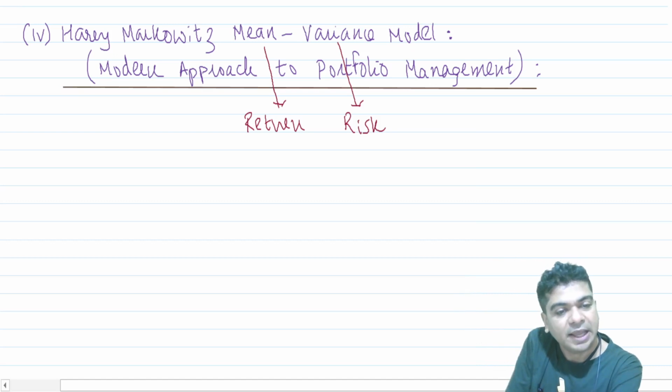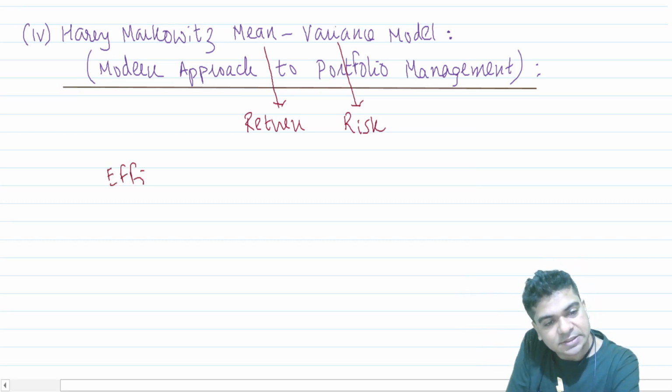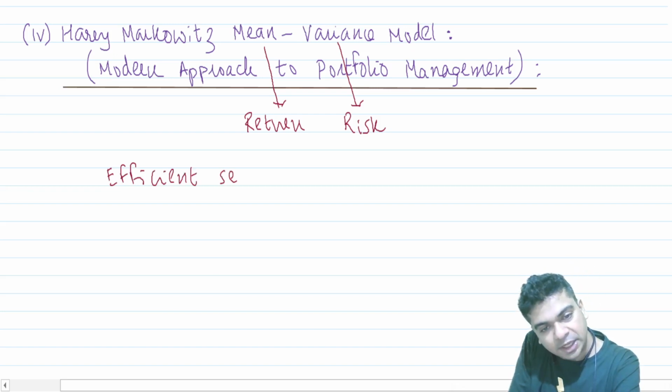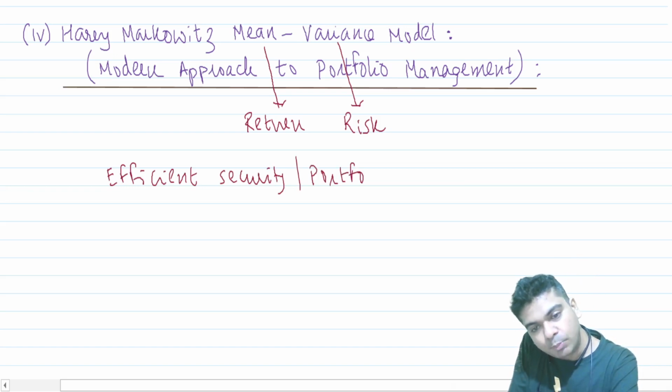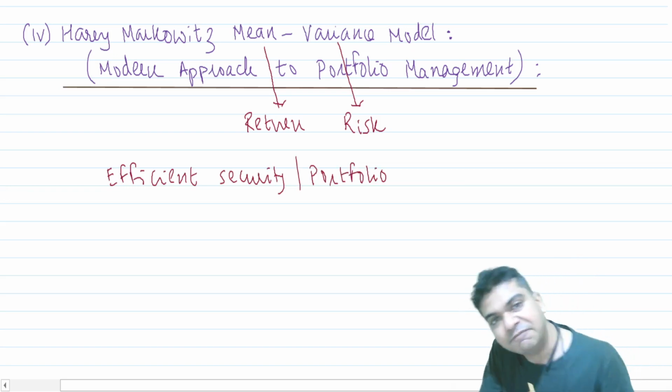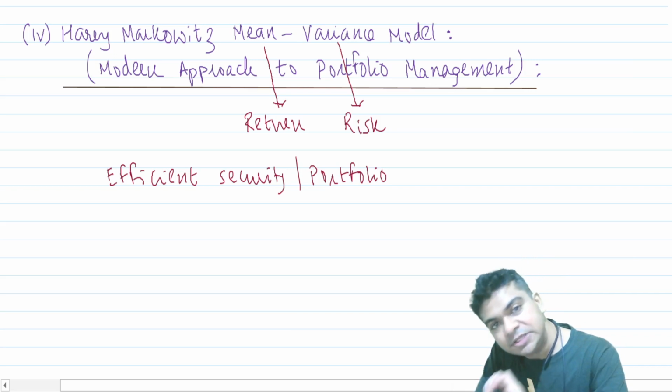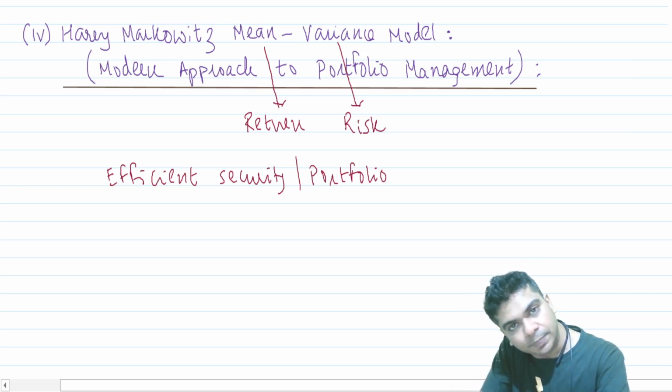That is what I would like to discuss first. We call it efficient security, or you can even say efficient portfolio. So if you are discussing the Harry Markowitz mean variance model, then our selection of securities will be based on efficiency.